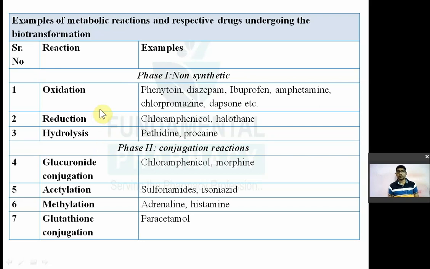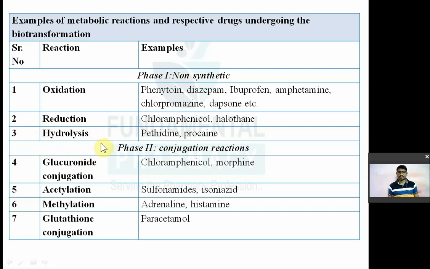Remember, the most common phase first reaction is oxidation. Drugs that undergo oxidation are phenytoin, diazepam, ibuprofen, amphetamine, chlorpromazine and dapsone. Chloramphenicol and halothane undergo reduction. Pethidine and procaine undergo hydrolysis. Remember, drugs having an ester linkage undergo hydrolysis.